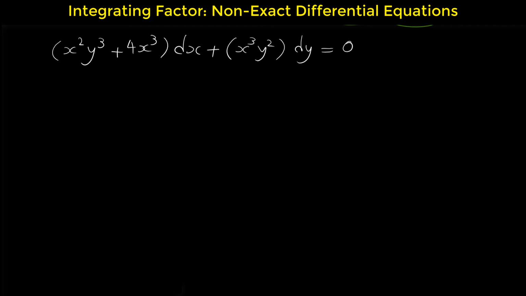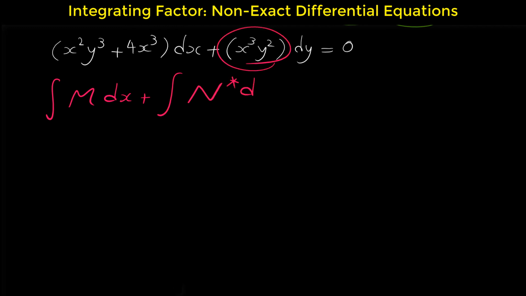If you remember from that video, this is the shortcut method. For finding the solution of an exact differential equation, we only have to integrate whatever is here, m, integral of m dx, plus the integral of only the terms here that are independent from x.